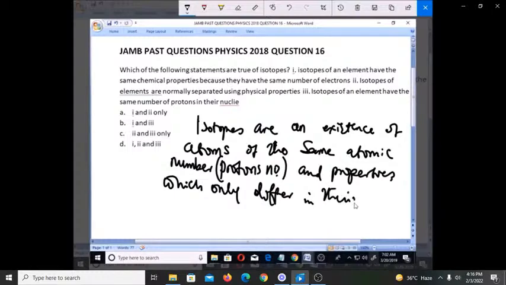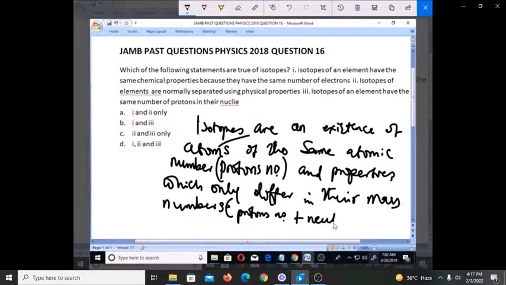So when you have atoms of the same atomic number but different mass numbers, then you know that the phenomenon known as isotopy is happening. So isotopy is a phenomenon whereby atoms exist with the same atomic number but different mass numbers. And whenever you talk about mass number, you are talking about the proton number plus the neutron number. So proton number plus neutron number, that is what mass number is.